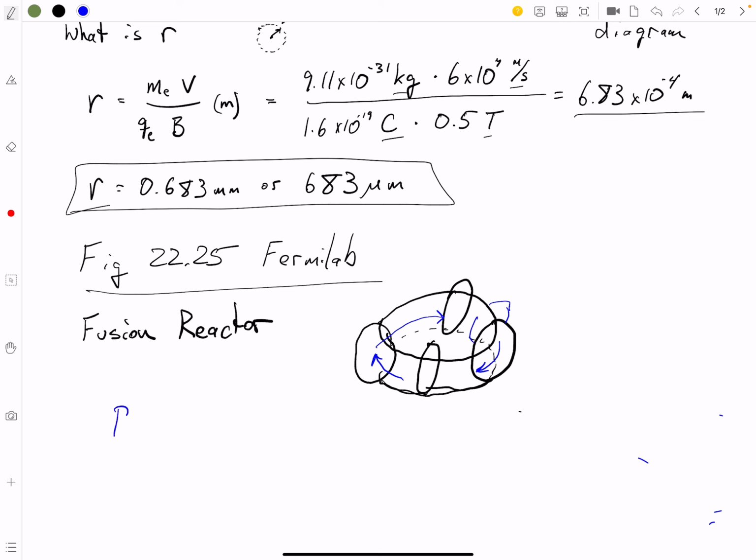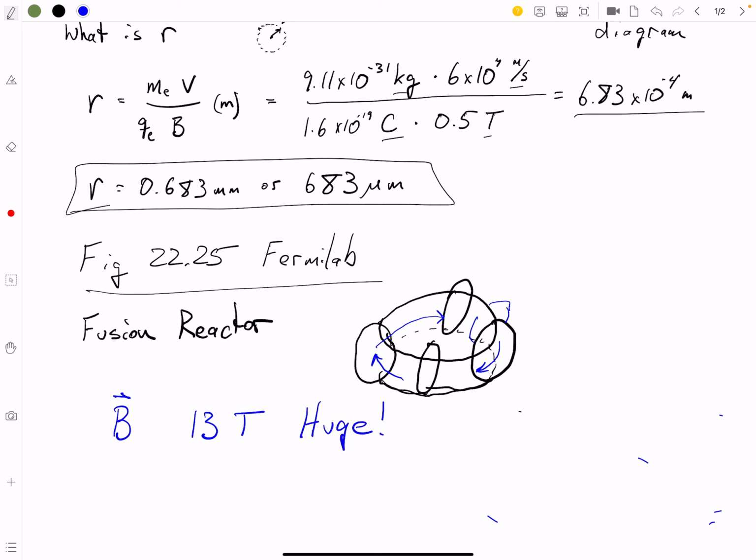Those B fields have a magnitude of up to, so I've heard some people say 20 Teslas, but 13 Teslas I think is about the largest. They've probably done 20, but whatever. So a B field of 13 Teslas, and that's just huge.